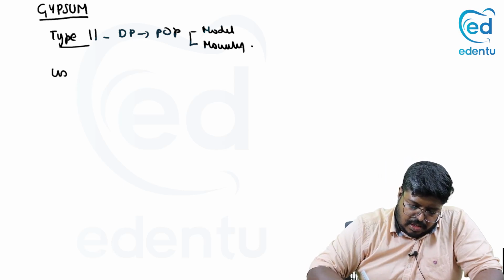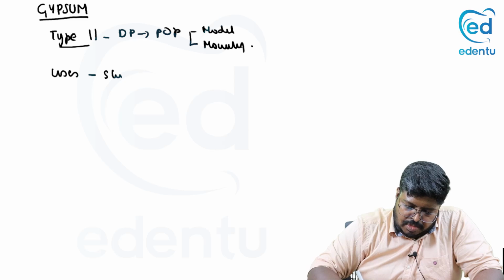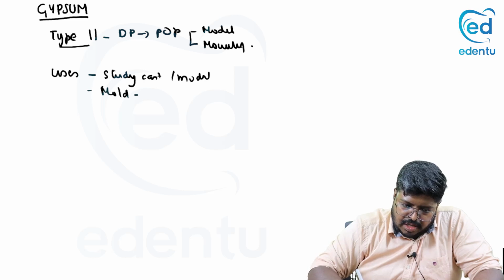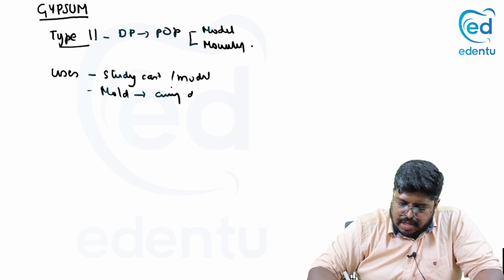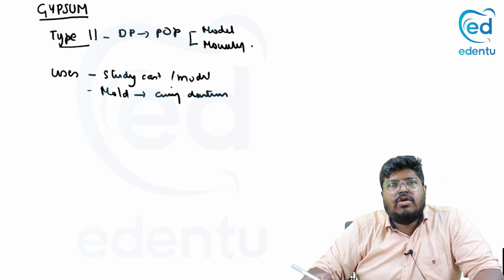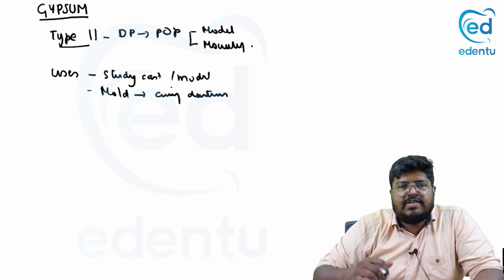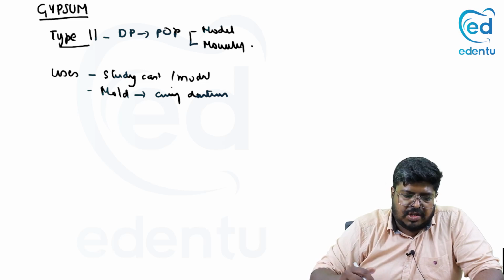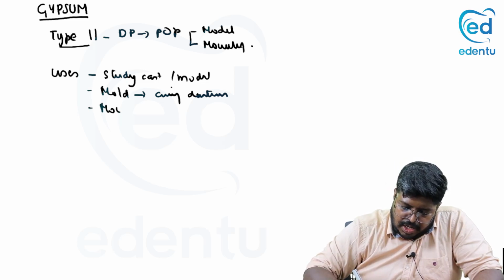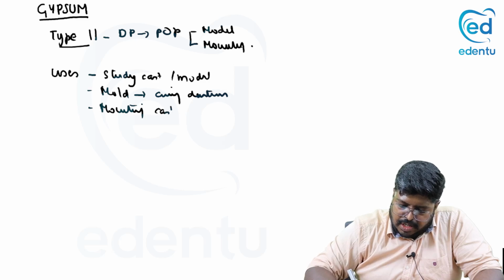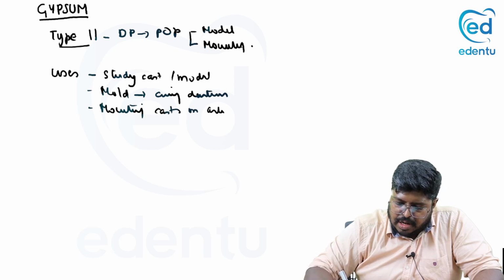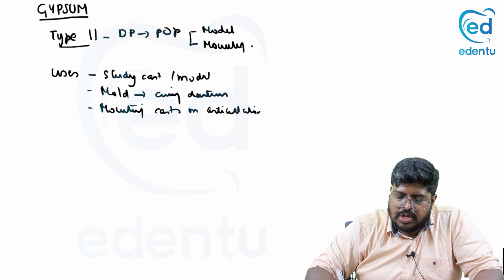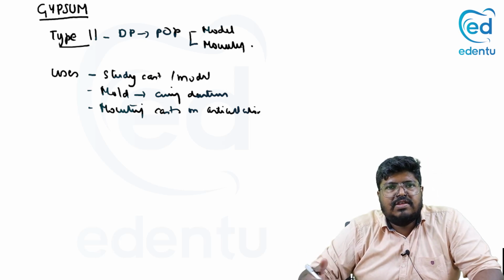So, what are the uses? You can use it to make study casts or models. That is the primary use. Then you can use it to make a mold for curing the complete denture. When you use heat cure resins, you can use POP as a cast for making your special trays or your denture bases. Then it can be used for mounting casts on articulators. You can even use it for studies and diagnostics.